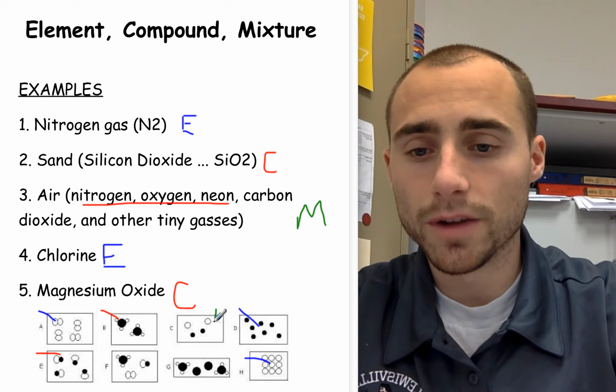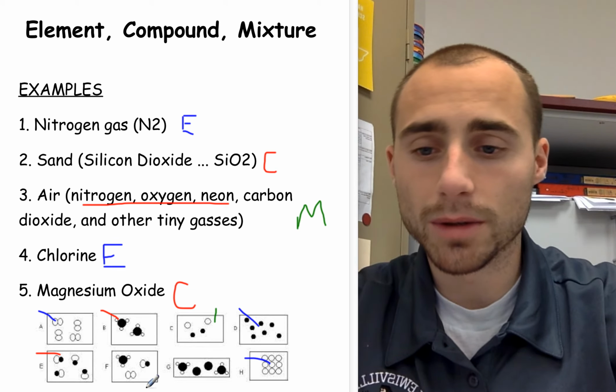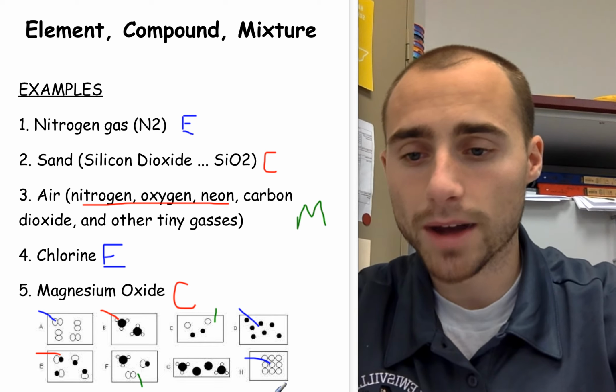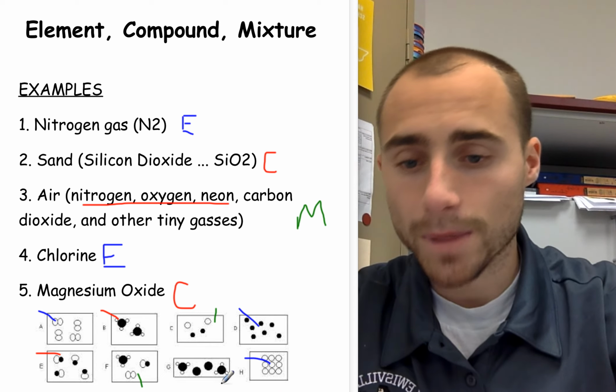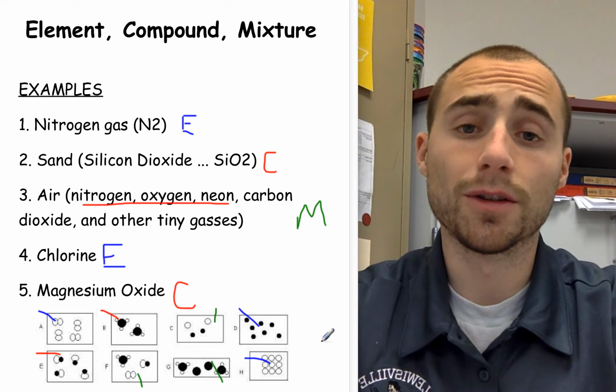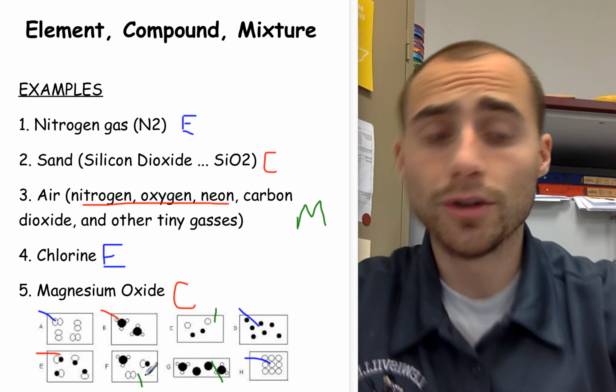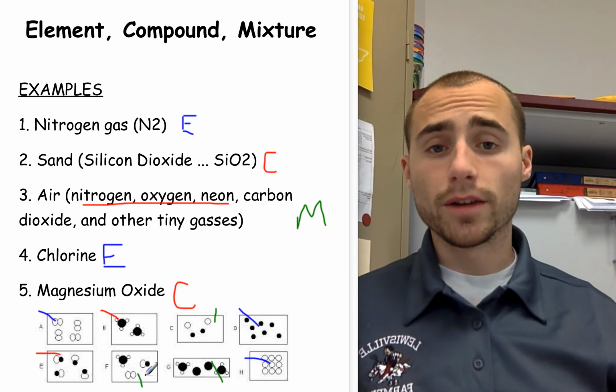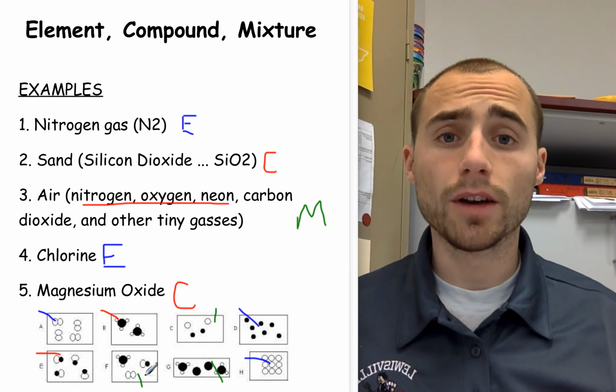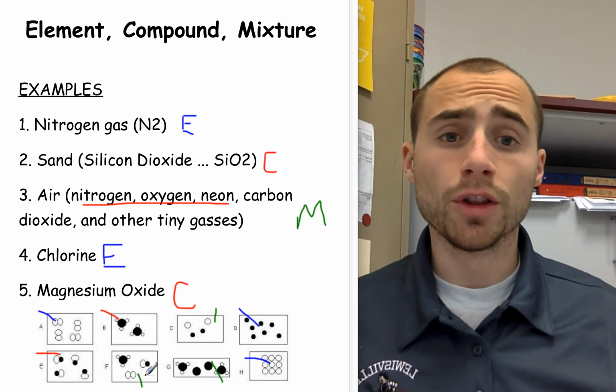Mixture, we have two different elements mixing together, so that'd be a mixture. Here we have some different compounds mixing together, so that would be a mixture. And here we have some different compounds mixing together, so that would be a mixture. So there's some images. So that is elements, compounds, and mixtures. They are all types of matter that are around us every day. So that's awesome. Good luck and farewell.